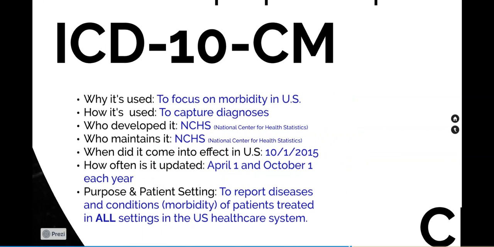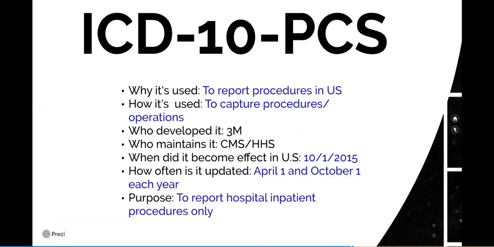So let's go ahead and take a look at the ICD-10-PCS code set. So why is it used? ICD-10-PCS is used to report procedures in the United States. How is it used? It is used to capture procedures and operations. Who developed ICD-10-PCS?